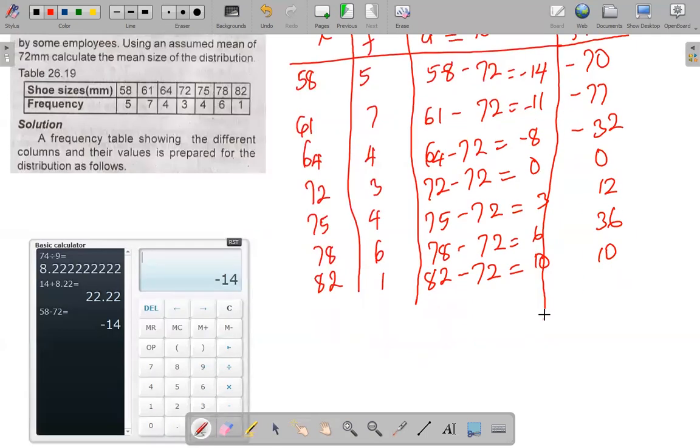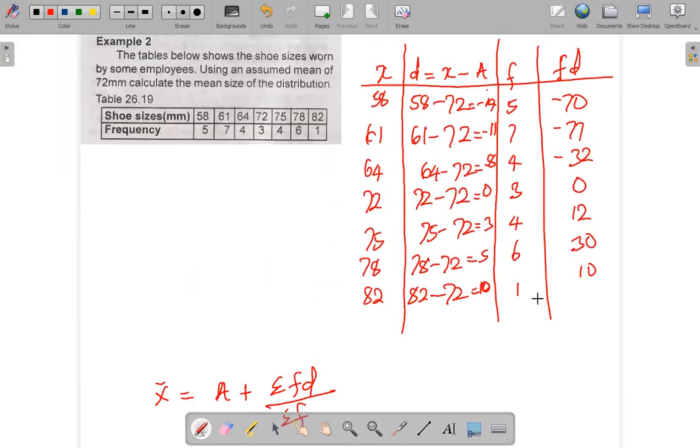And finally, we need to get summation FD. When we add up all of these numbers, we have minus 121. Then summation F. How many students are we working with?